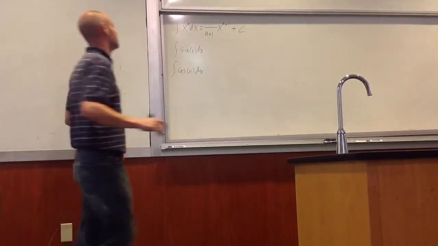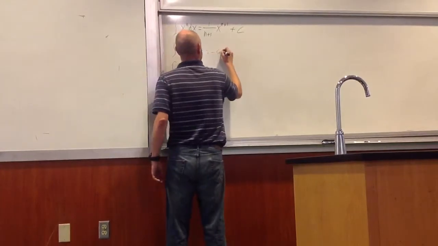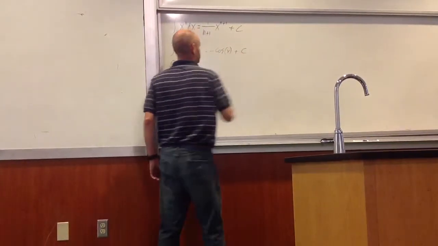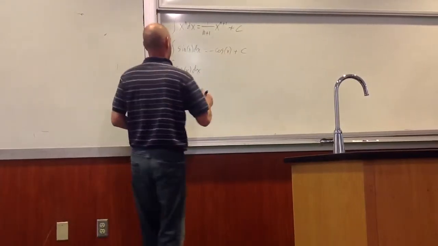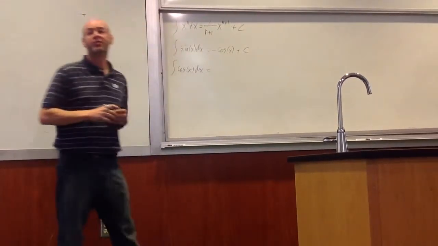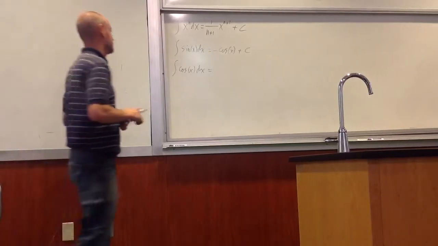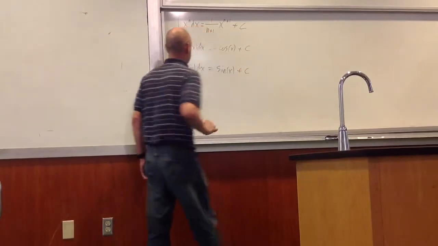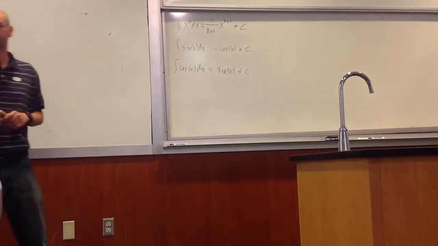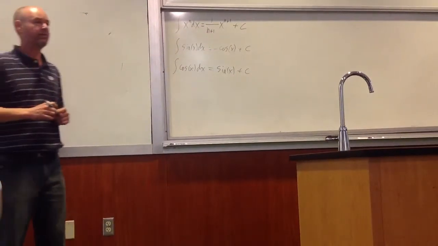Negative cosine, with plus c. The antiderivative of cosine: sine. We okay?